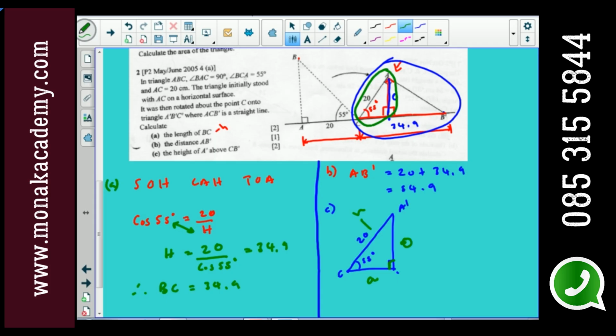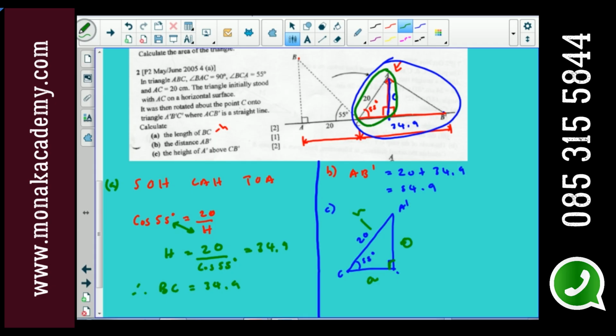In that new triangle, 20 is no longer adjacent. In that new triangle, 20 is actually a hypotenuse because it's opposite the 90-degree angle. The height that we want is the opposite, and the other side that we still don't know is adjacent. Do we agree on that?